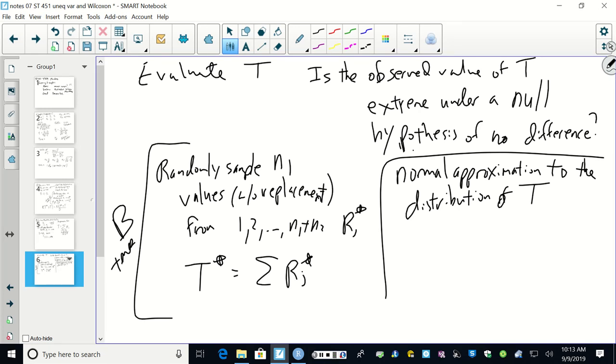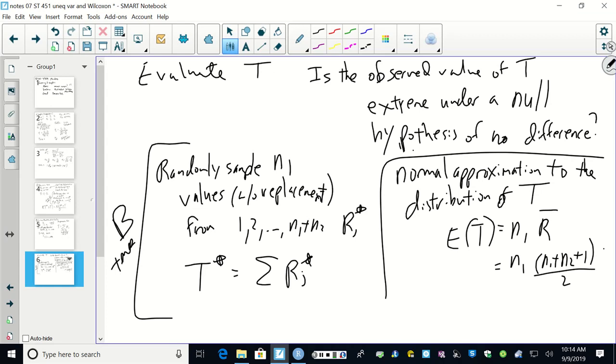We should be able to figure out what would be the average value of t, the expected value of t. It would be the average rank from randomly picking from this. The average of these numbers is n1 plus n2, plus 1, over 2. Randomly sampling ranks, the average rank is this, right? And you're going to pick n1 for the smallest group, so that's the average that you would have from taking random samples.